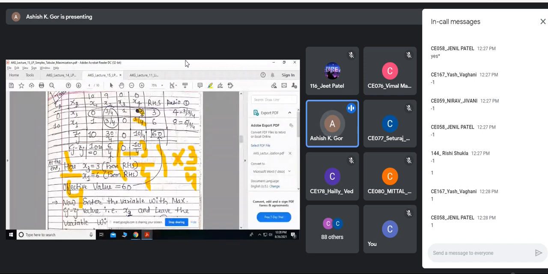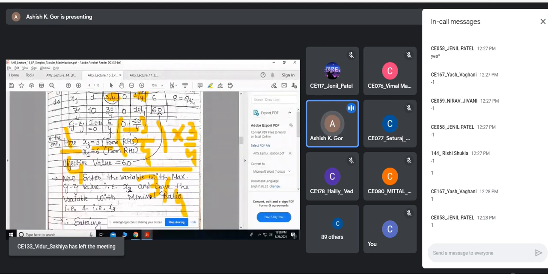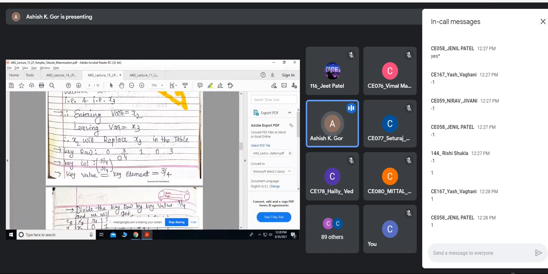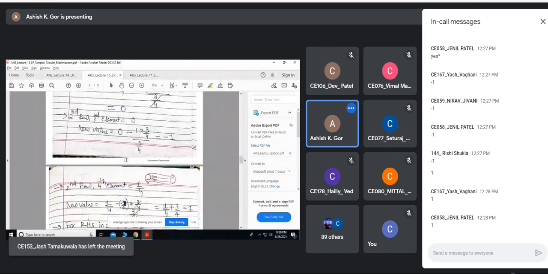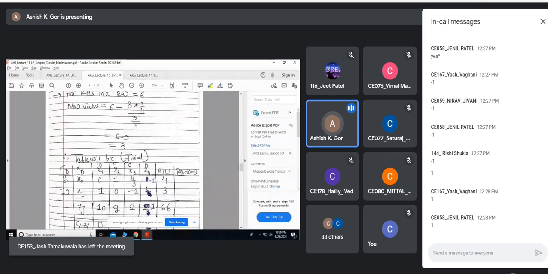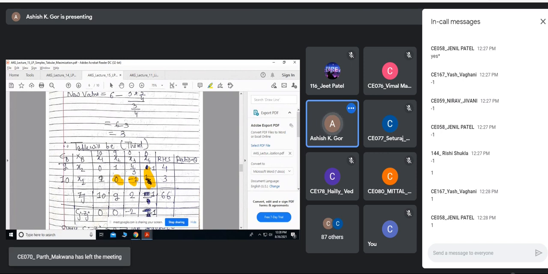Divide by pivot 3 by 4. So 3 by 4 cancels, and 1 by 4 minus minus 3 by 4 will be plus 3 by 4, which will be 1. So I get 1 over here, minus 1 over here, 0 and 1 over here.